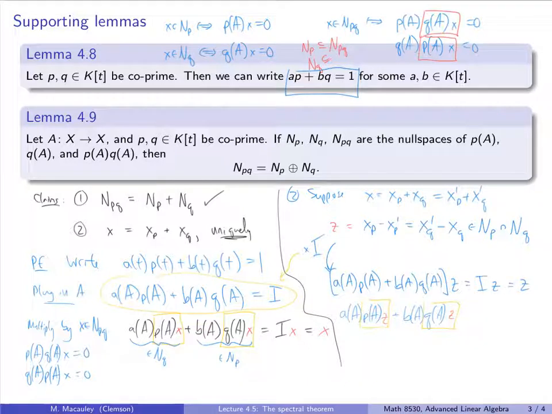Therefore, this is equal to 0. I've shown you that this decomposition is unique because the difference, z, has to be 0. And that's how we establish uniqueness and how we establish that this is a direct sum.